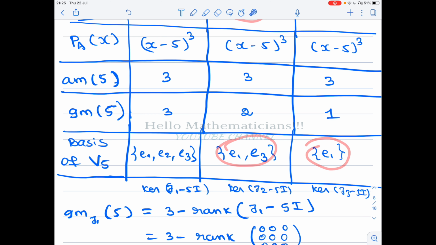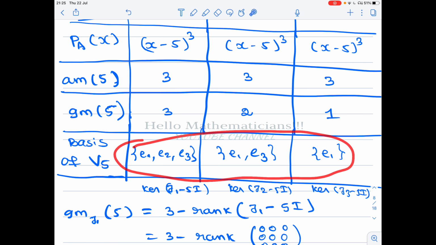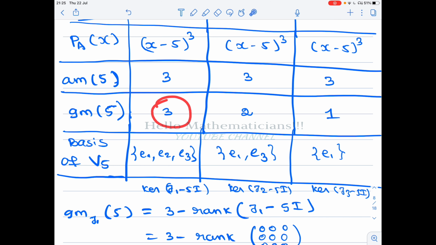Therefore, the basis for the eigenspace V5 will be just the singleton E1. Okay. As such, we will not use this basis. If you understand how to calculate these numbers, 3, 2, 1, we are very much fine.